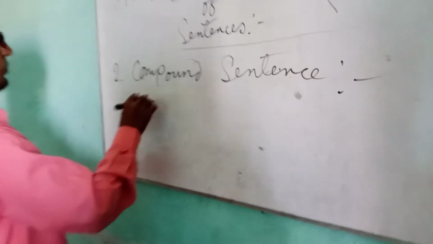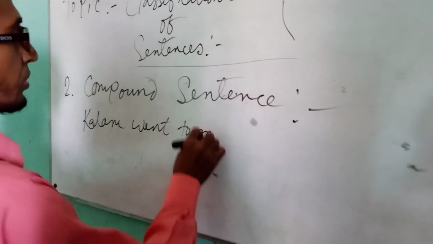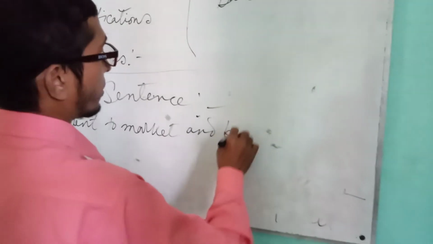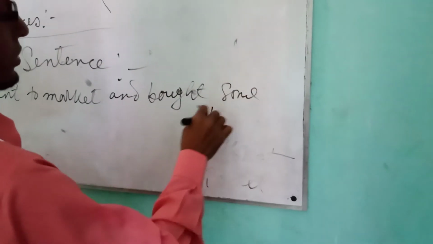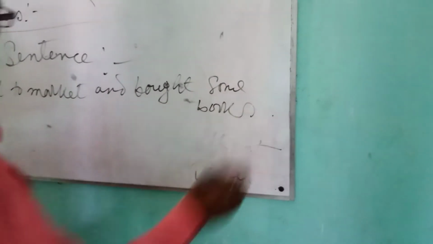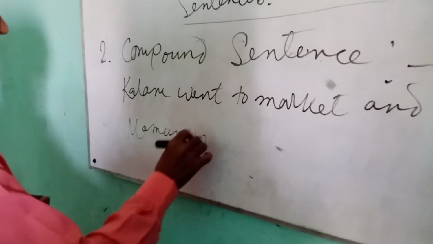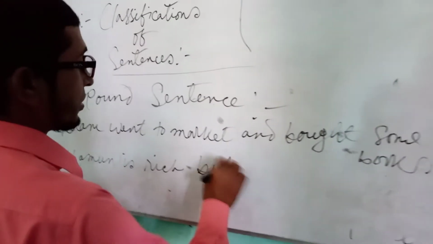Kalam went to market and bought some books. Okay. Similarly, Mamun is rich but miser.